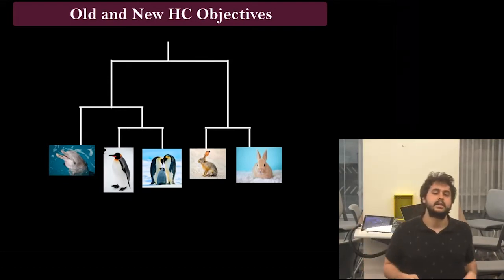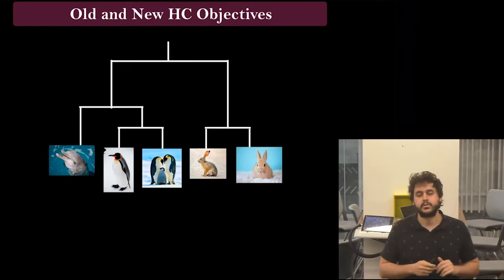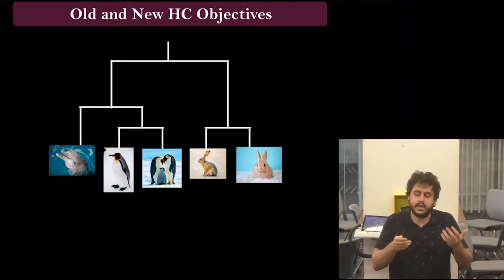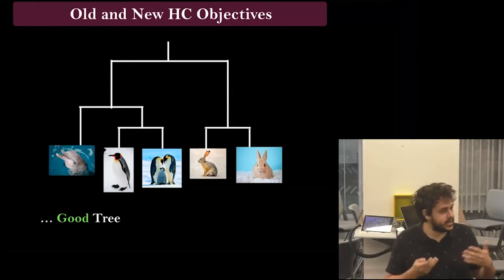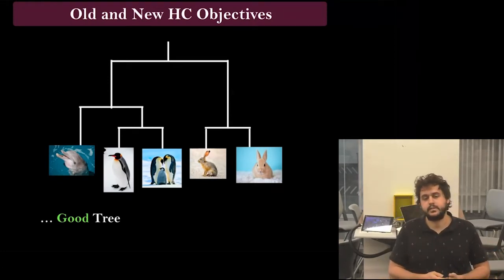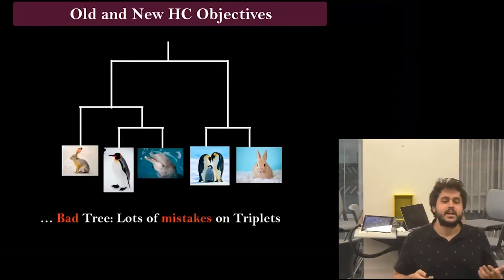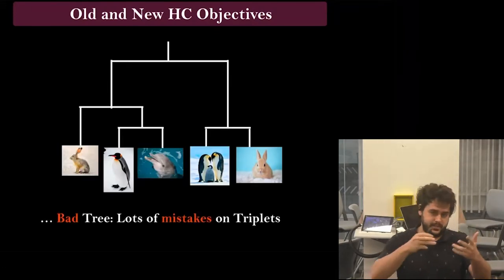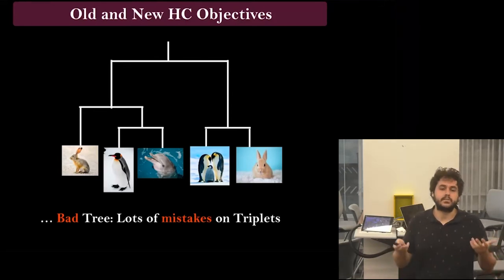Then we have animals that are related to the sea: some penguins, a dolphin. So you would like to say that this is a good tree, given our understanding of the species. On the other hand, you would like to say that this mixed up tree that I changed is a bad tree.